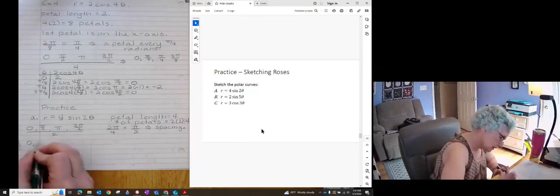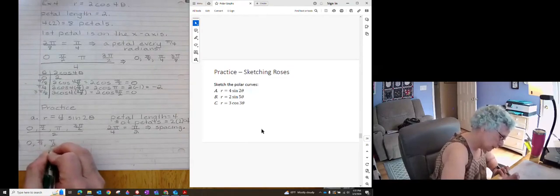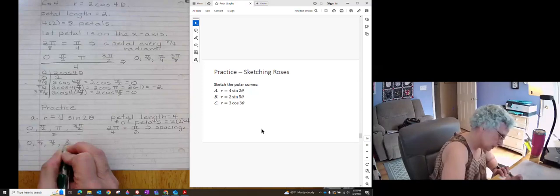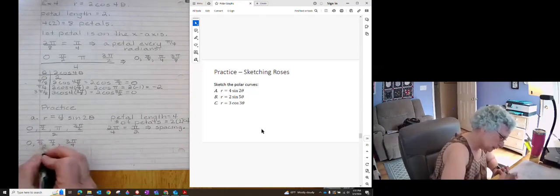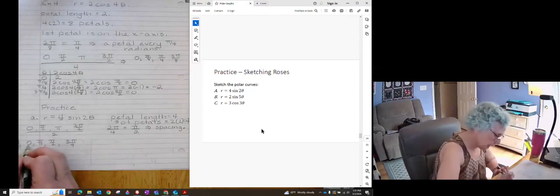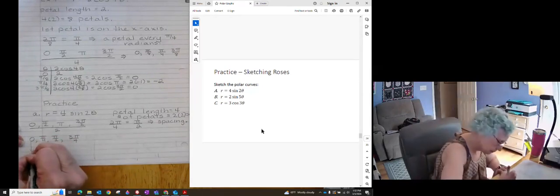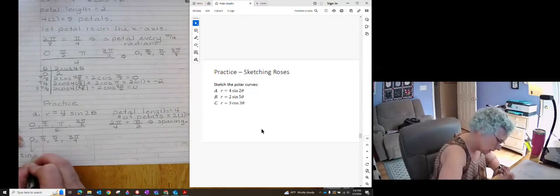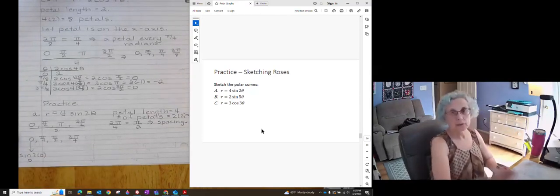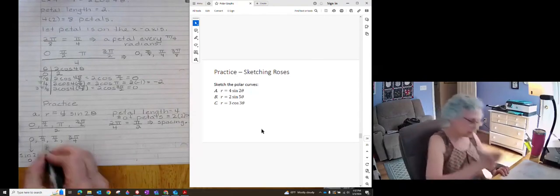So 0, pi over 4, pi over 2, 3 pi over 4. So at 0, when you plug it in, 4 times sine of 2 times 0 is equal to 0. So it starts at the pole.